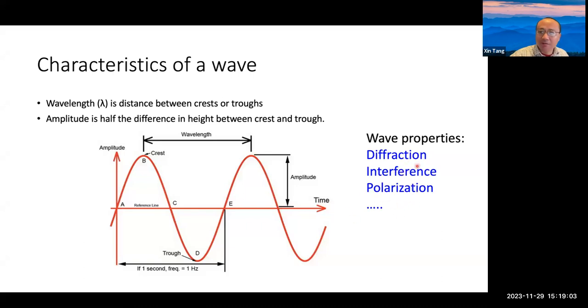All three of them are very important properties of wave, and they all can be engineered into different types of imaging systems, different types of microscopes to look at biological samples. For example, this diffraction.